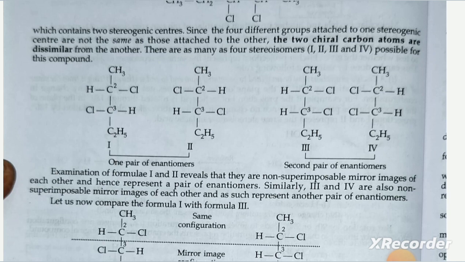Examination of formulas first and second reveals that they are non-superimposable mirror images of each other and hence represent a pair of enantiomers. Similarly, third and fourth are also non-superimposable mirror images of each other and as such represent another pair of enantiomers.